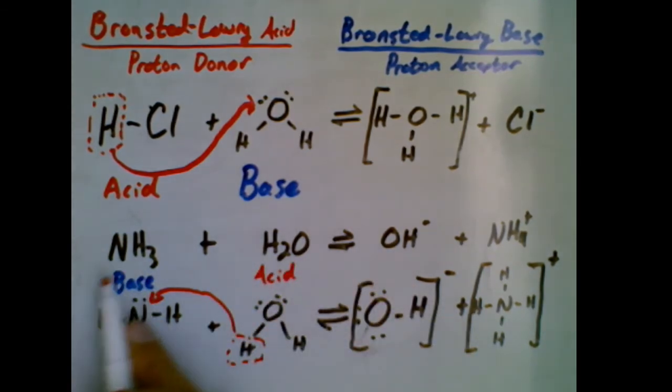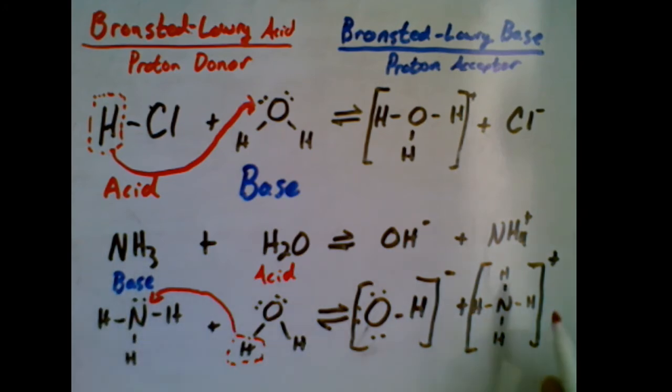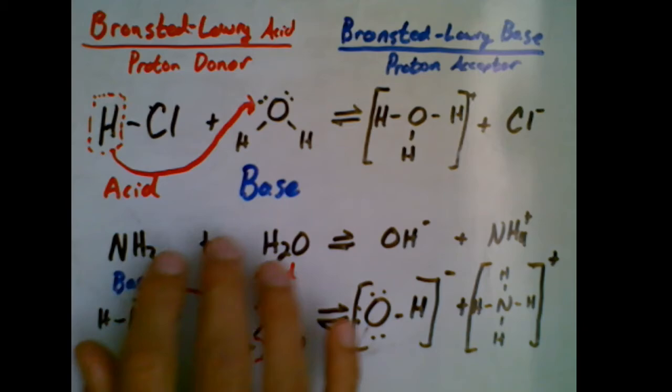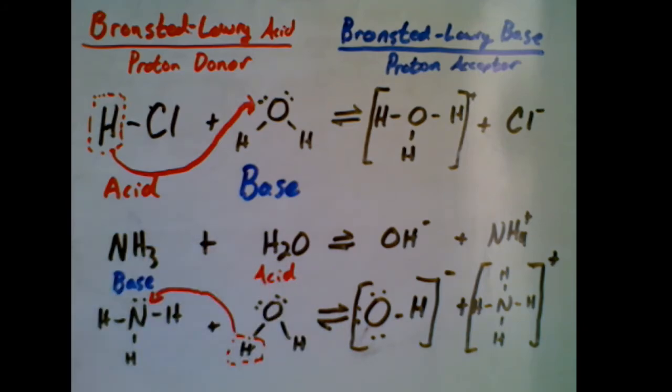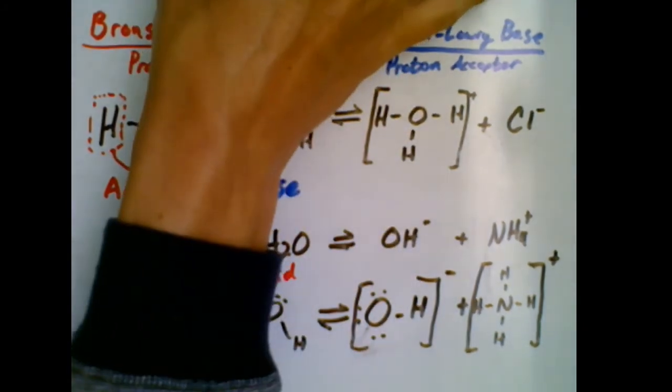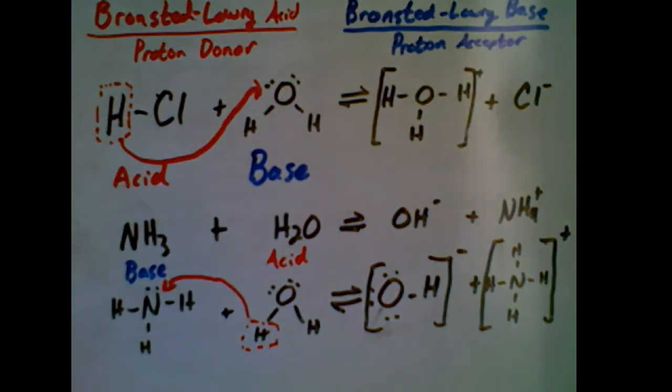And since this is accepting the proton, it becomes NH4+. And since water donated the proton, we lose that proton and are left with OH-. This is, by definition, what makes a Bronsted-Lowry acid, and a Bronsted-Lowry base is the idea of donating and accepting protons.